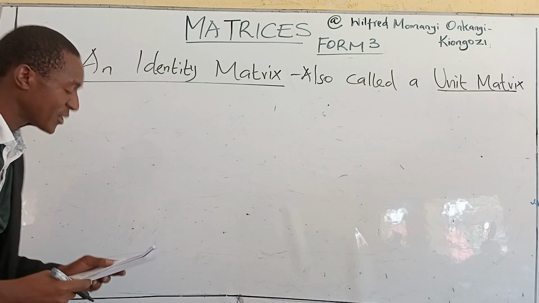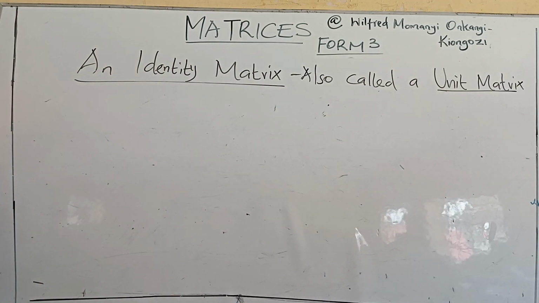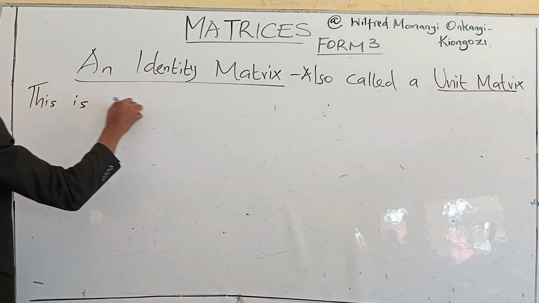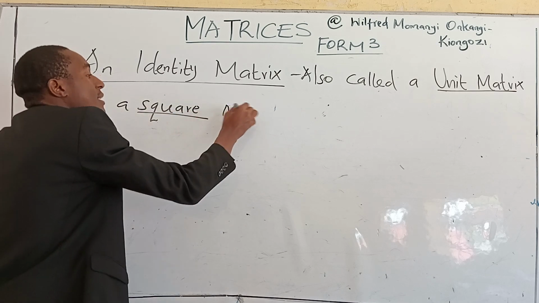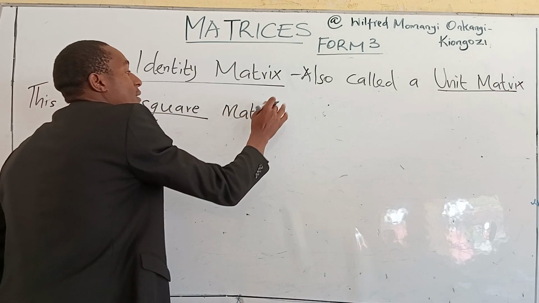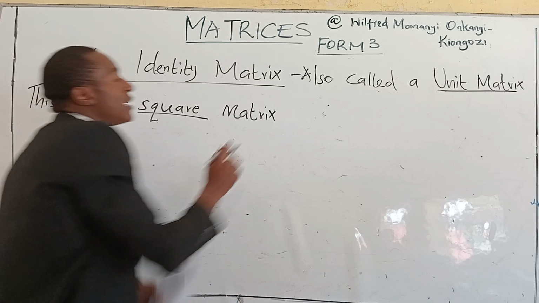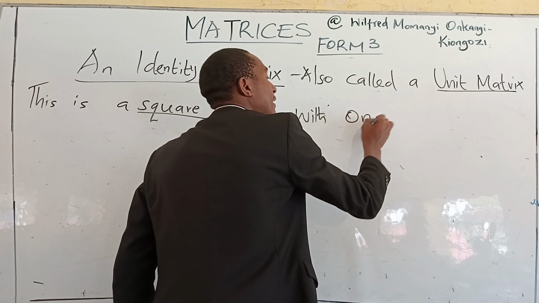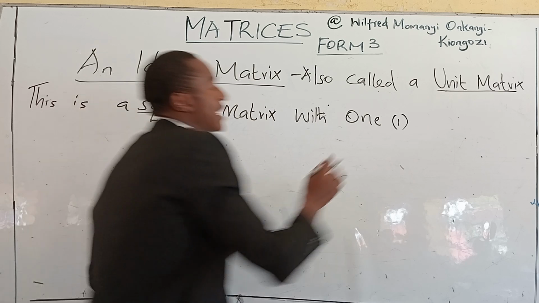And this is a square matrix which has one in the main diagonal, I mean that one in the main diagonal.